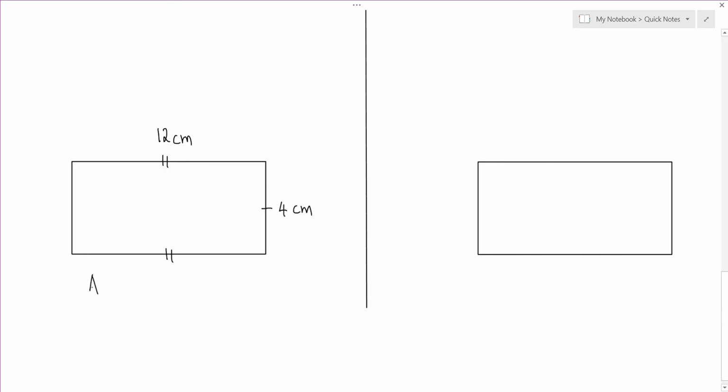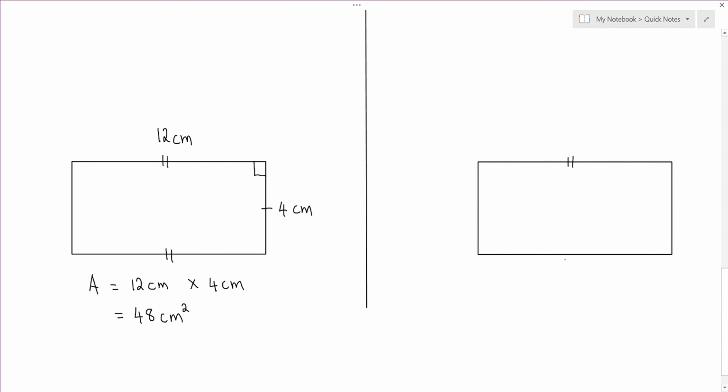Area is equal to length times width. So 12 centimeters times 4 centimeters, and 12 times 4 is 48. And centimeter times centimeter is centimeters squared. Remember that with your rectangle, all your angles are also 90 degrees.